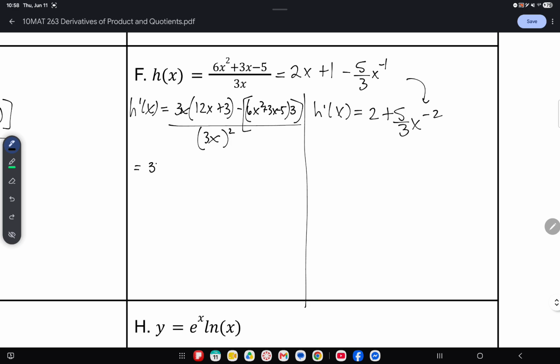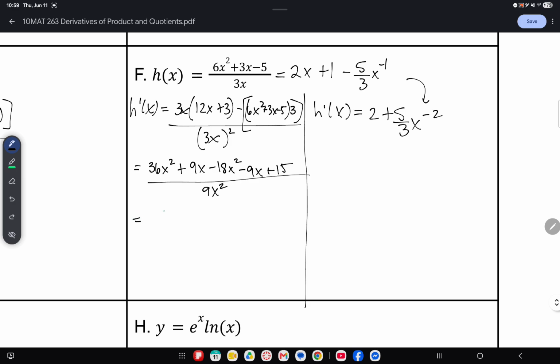So that's going to be 36x squared plus 9x minus 18x squared minus 9x plus 15, all over, let's just go ahead and make that a 9x squared.